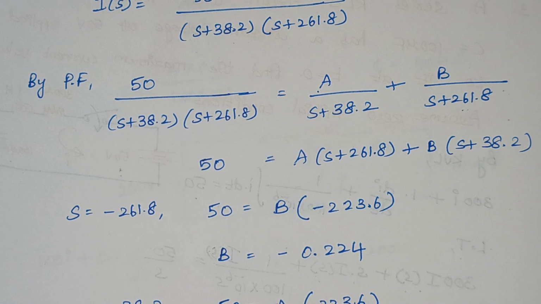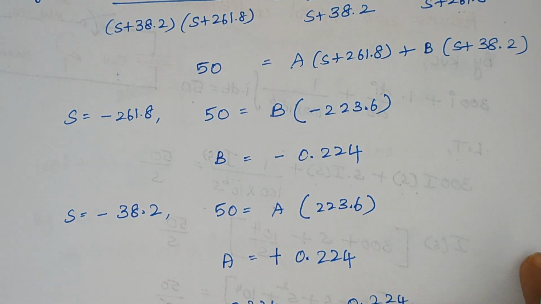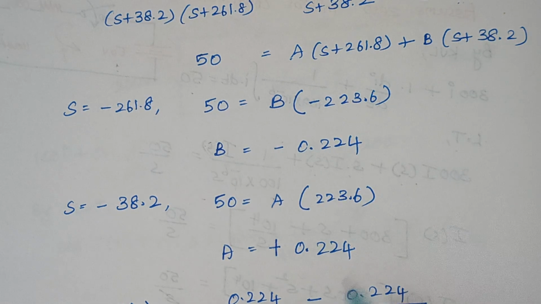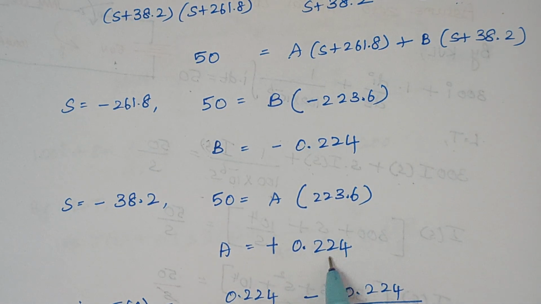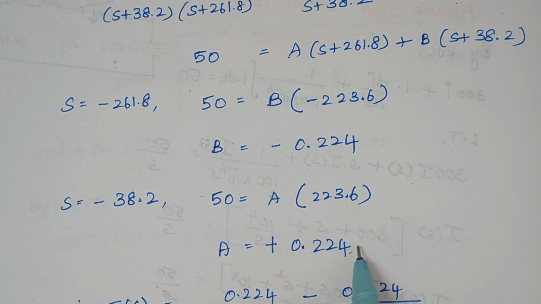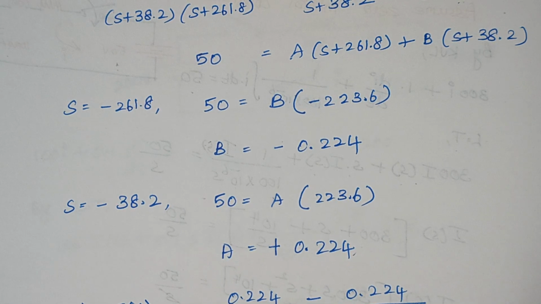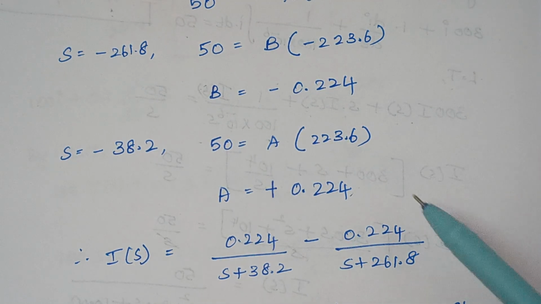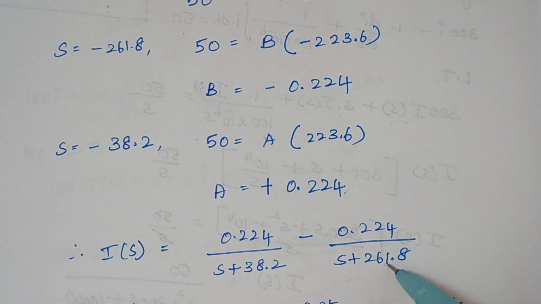Similarly, when you substitute the value of s as minus 38.2, the value of A is plus 0.224. Now just substitute the values of A and B in the expression of I of s. So when you substitute, this is our expression.